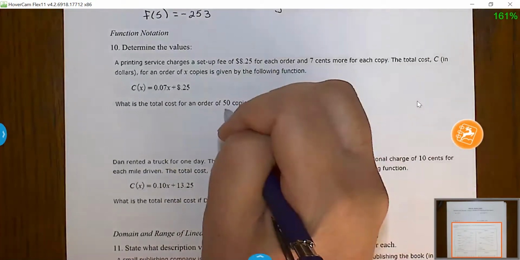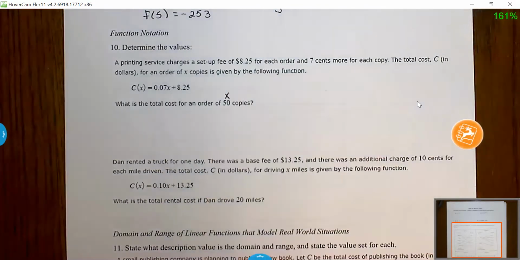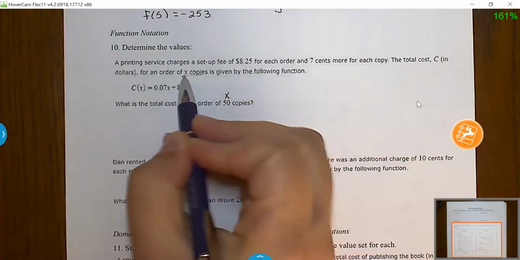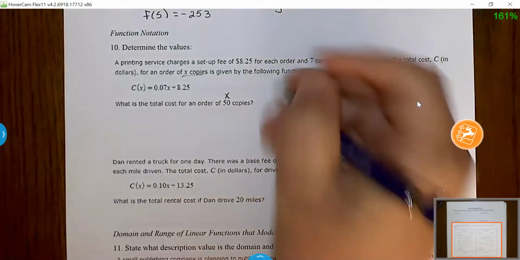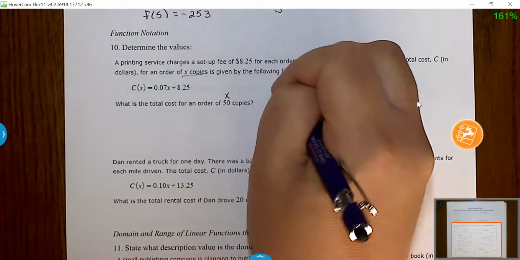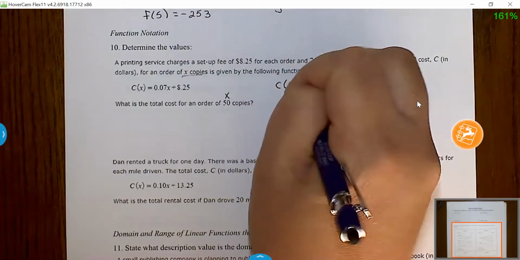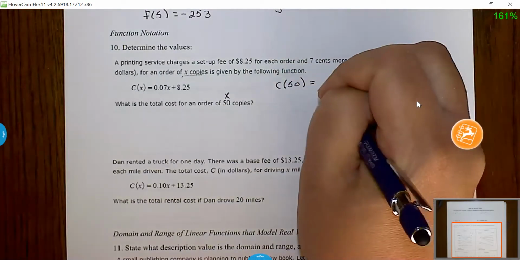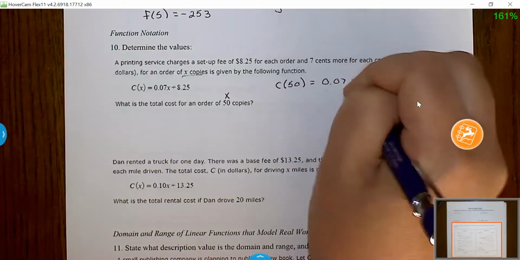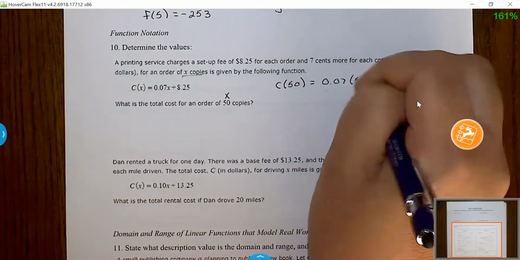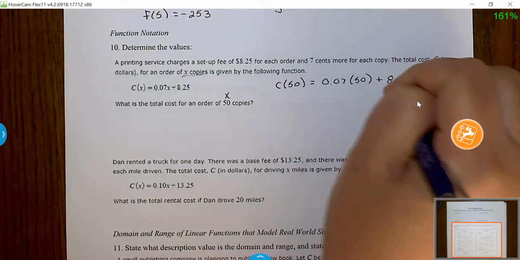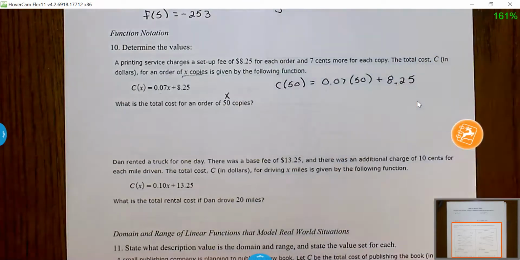So 50 copies, that would be the X. That's what the X value stands for. So all they want us to do is find what C of 50 is. So 0.07 times 50 plus 8.25.